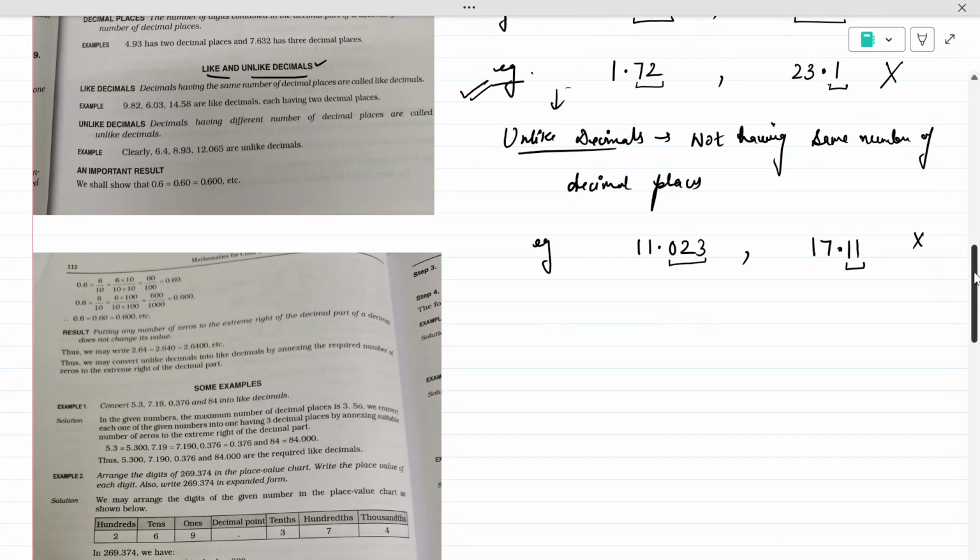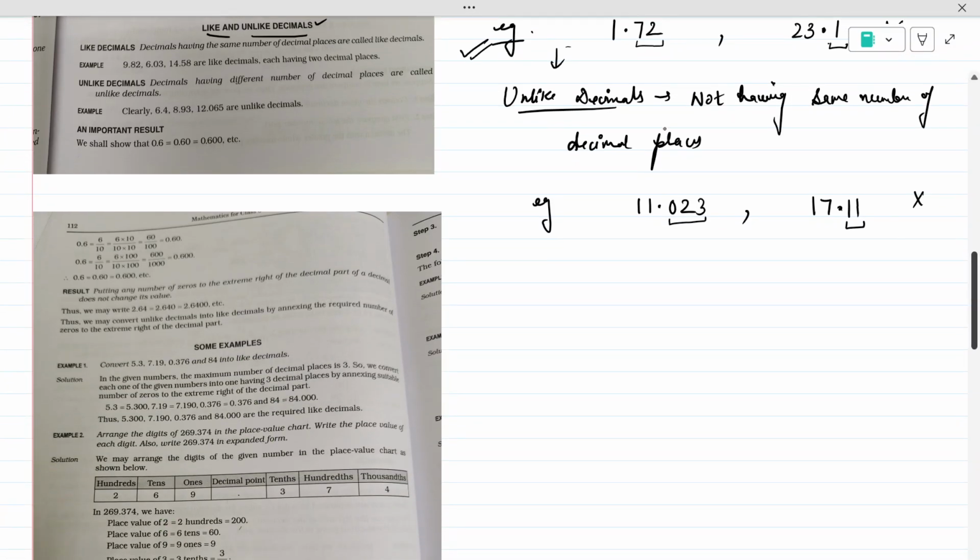Now let us move further and see, if we are taking a number, let's say I have a number 0.7, then that number can be represented as 7 by 10, right? We can write this as 7 by 10.